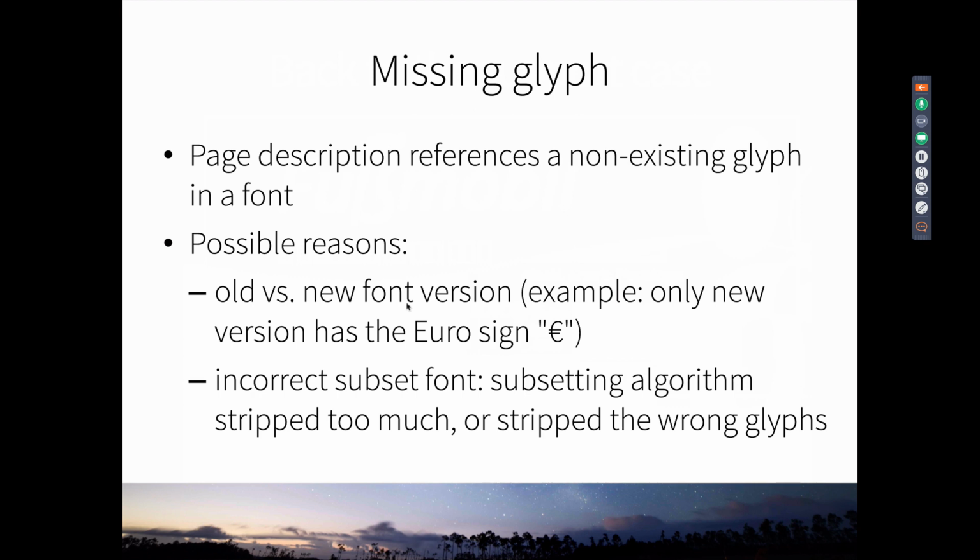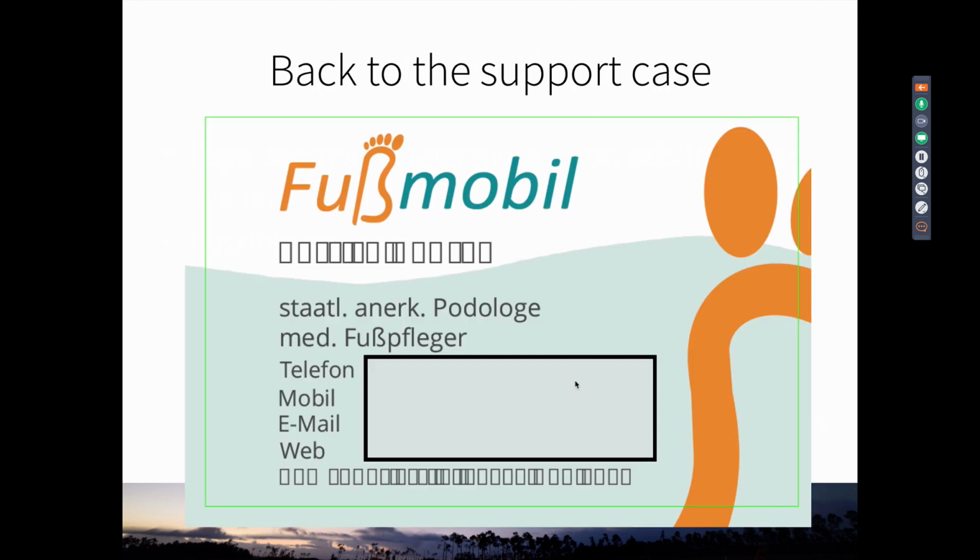And what are the reasons? Possibly, when the PDF was created, a newer font version was used, for instance one that has the euro sign, and then a very old version of the very same font was used for embedding, and that didn't have the euro sign. Or subsetting went wrong, so the subsetting algorithm stripped too much away from the glyphs.